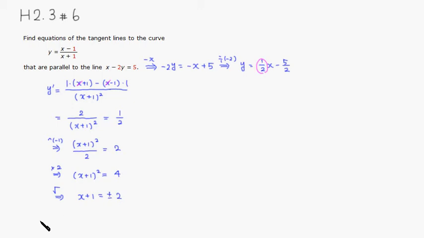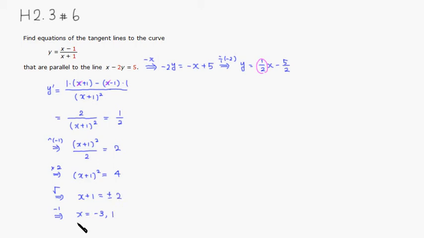And then the last step would be we're going to subtract 1 from both sides. So x is equal to negative 2 minus 1, which is negative 3, and then 2 minus 1 would be 1.